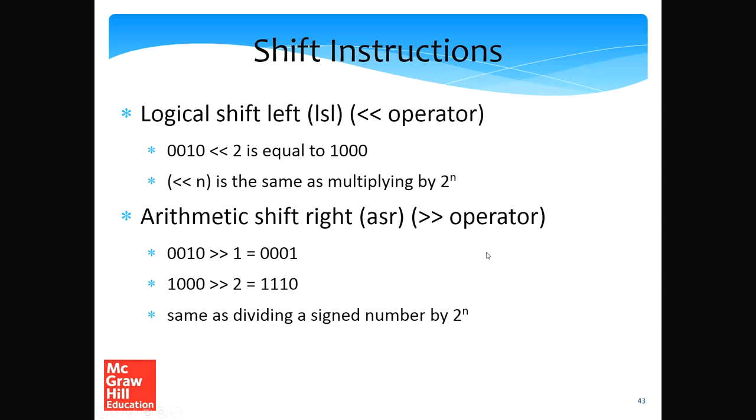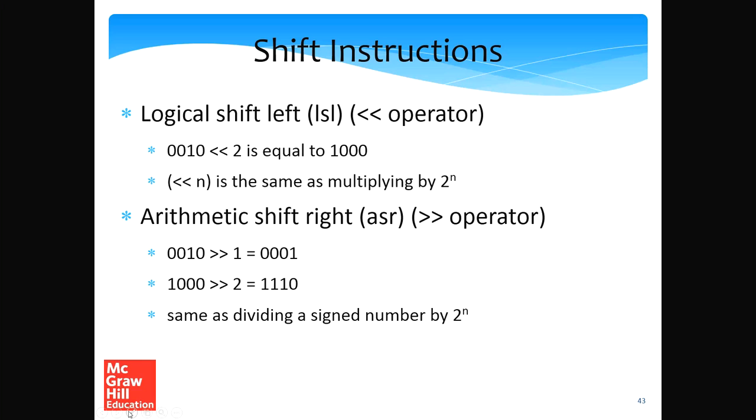In arithmetic right shifting, which is represented by another operator, if we right shift this number by 1 position, all the bits move 1 position to the right, but the important point is the sign bit. The sign bit in this case is replicated. So if the sign bit was originally 0, we replicate it and have one more 0. And if the sign bit was originally 1, we replicate it and have a 1.